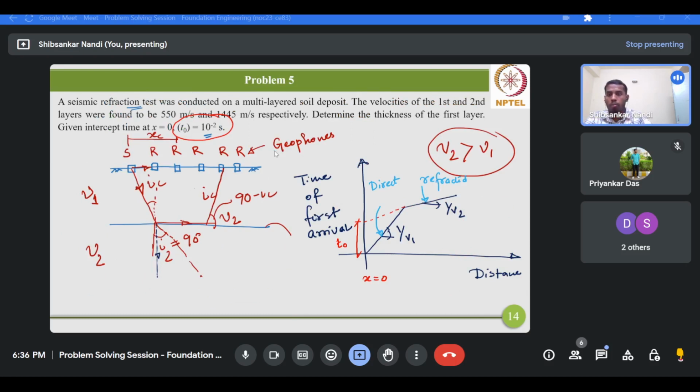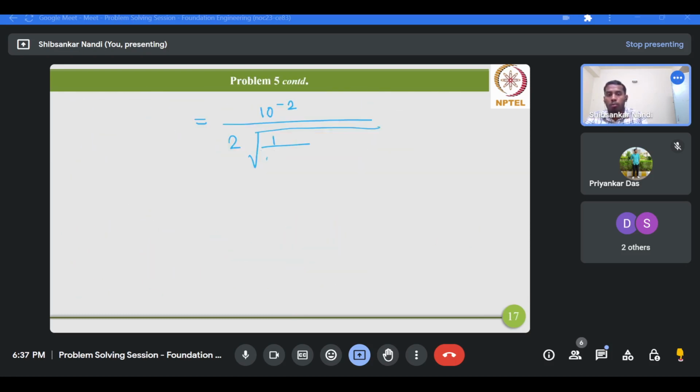The velocity of the first layer is 550 square, minus 1 divided by 1 h, and this would be, I think, 10 to the power minus 2 divided by... 2.97. So 2.97 meter, so almost 3.